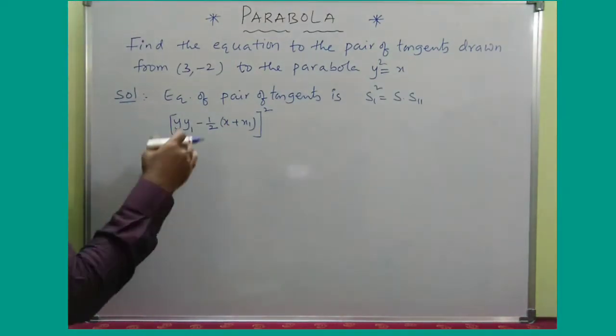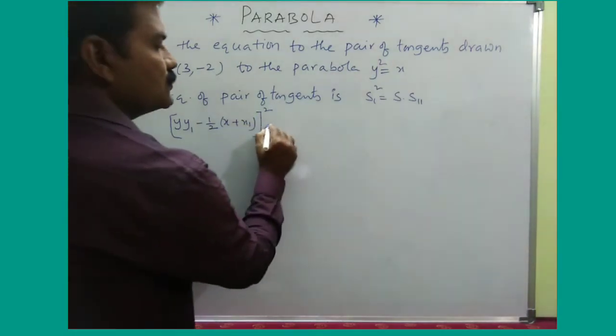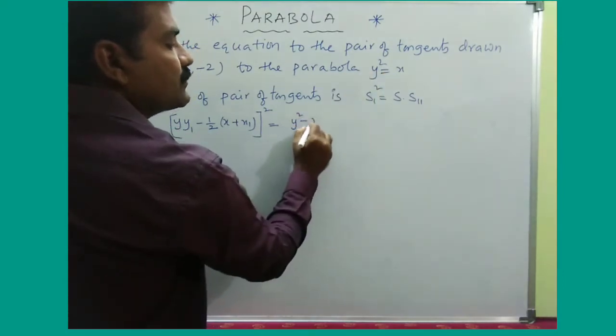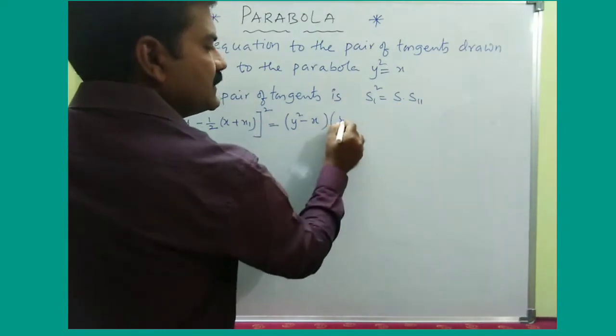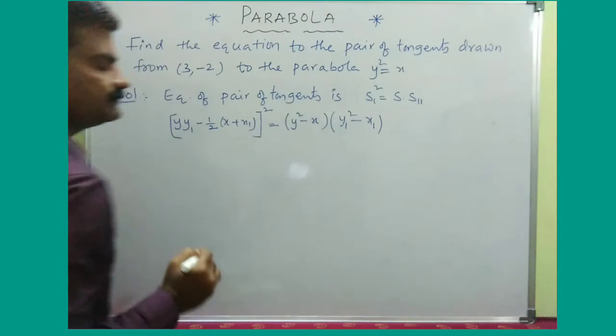That's why half into 2x, later the 2x can be written as x plus x1. Which is equal to S, nothing but the given parabola, y square minus x, into S11, which is nothing but direct substitution, y1 square minus x1.